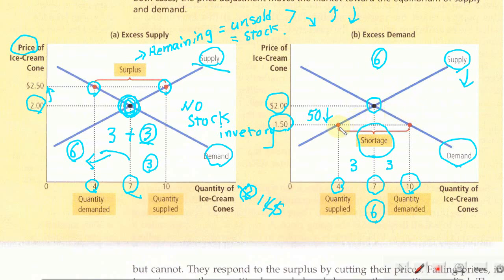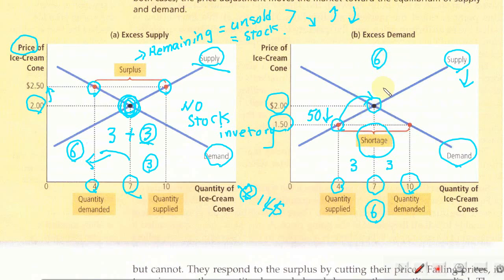Then automatically this point will return to the equilibrium point. Okay, then the market will be stabilized. This is the movement, how it functions, and the result.